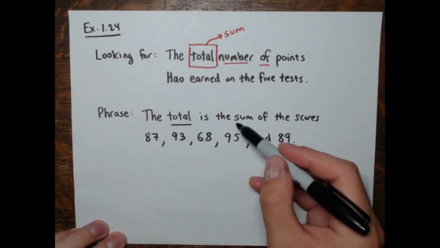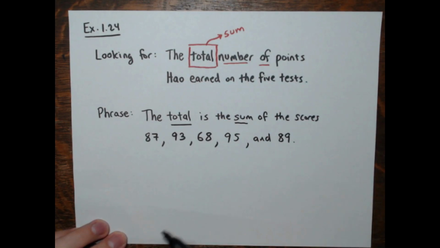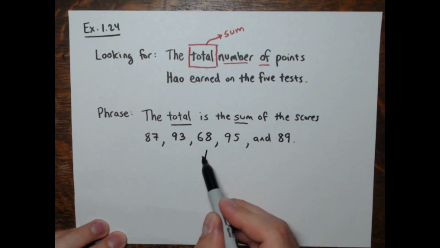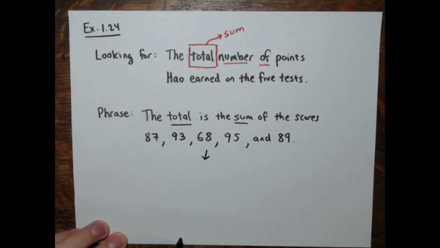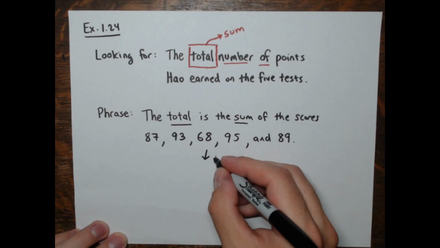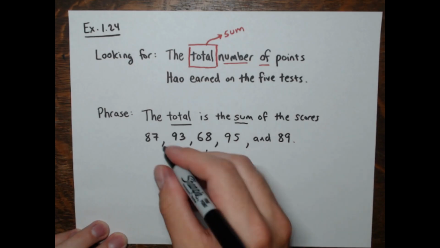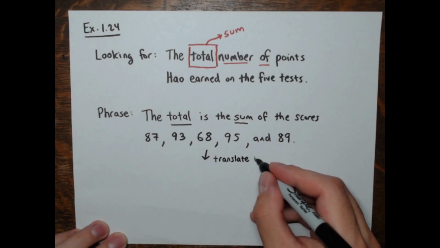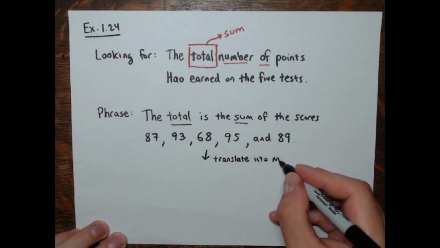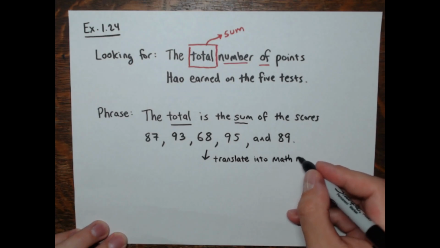So again, total, sum, total number of points, sum, adding, we are adding here. Right, then it says we translate the word phrase into math notation. Okay, so I'm going to take what I described here with this information, translate into math notation.